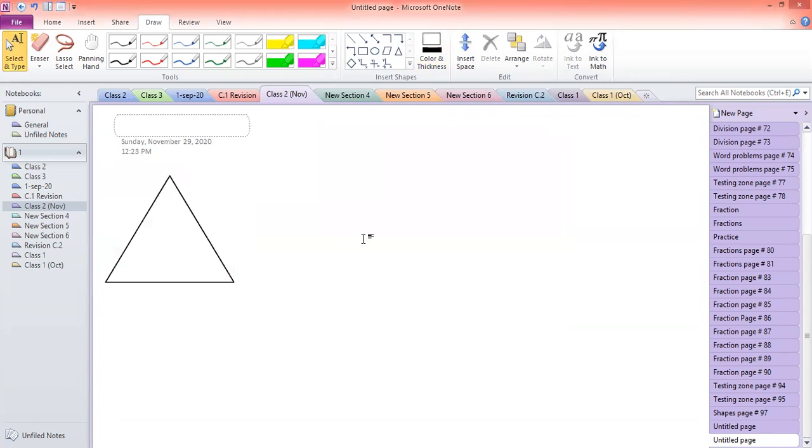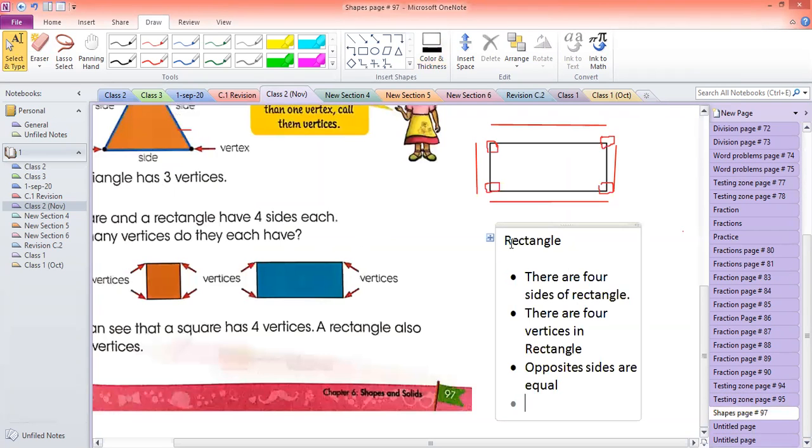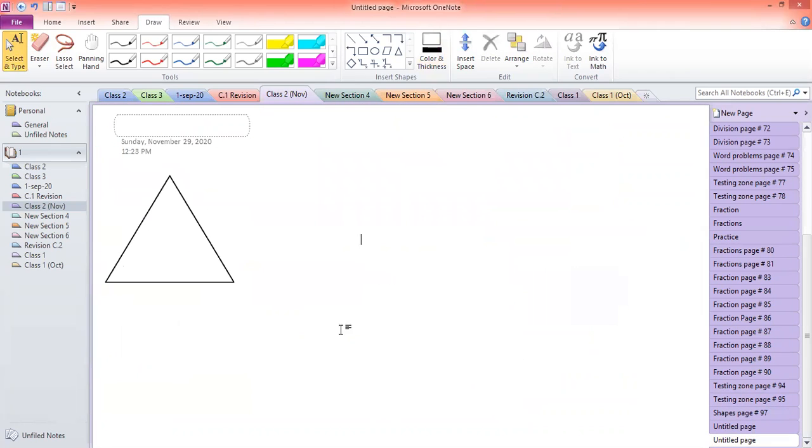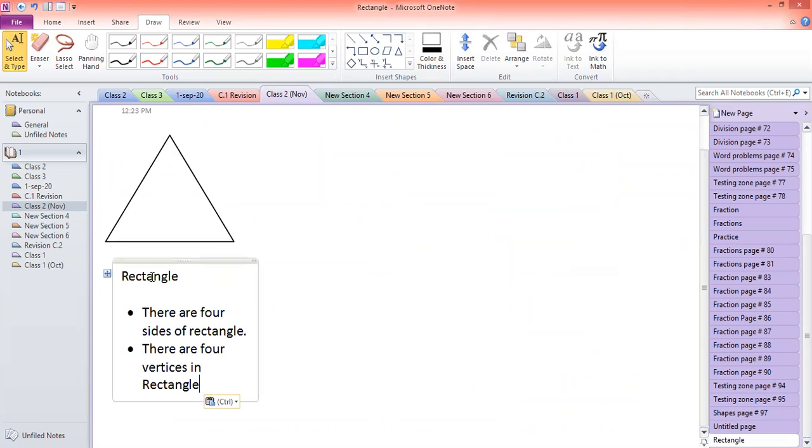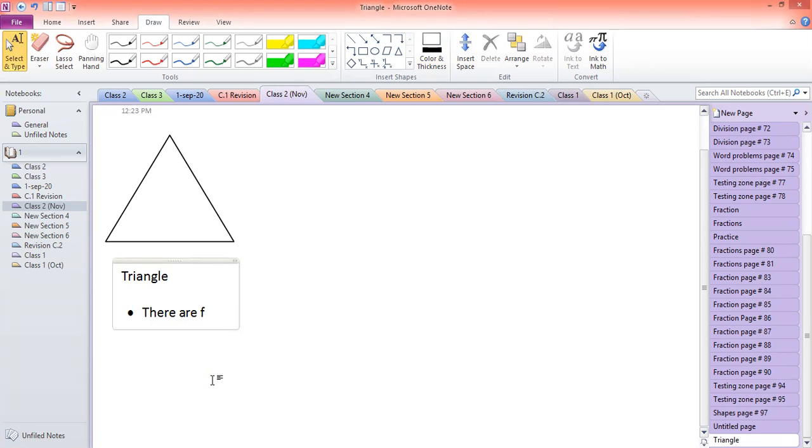This shape is known as triangle. And you write triangle like this. So now you have to check how many corners and how many sides are there in a triangle.